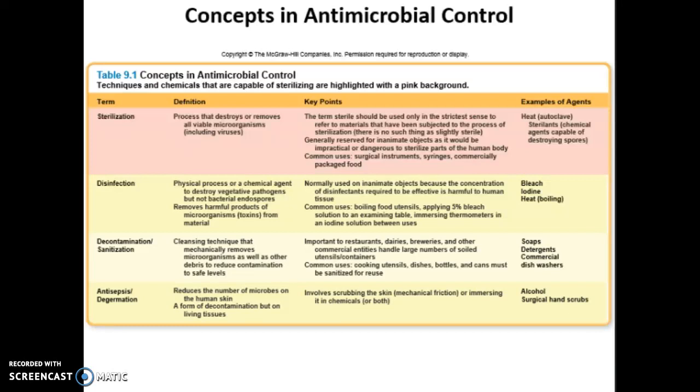So for this, examples are soaps, detergents, dishwashers that are going to utilize detergents as well as hot temperatures. And sanitation is important for restaurants and for dairies, for breweries, different places that actively use material that could have bacterial or microorganisms on them. All right, dairies, you are milking a cow. But where are those udders? Well, if the cow is laying down, the udder could be in a pile of poo because that is on the ground.